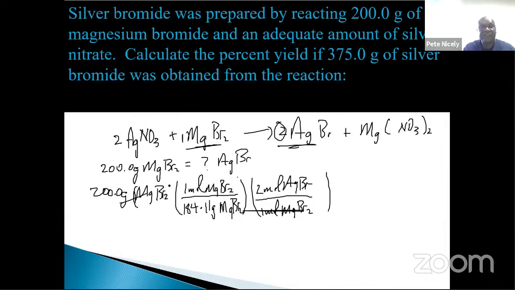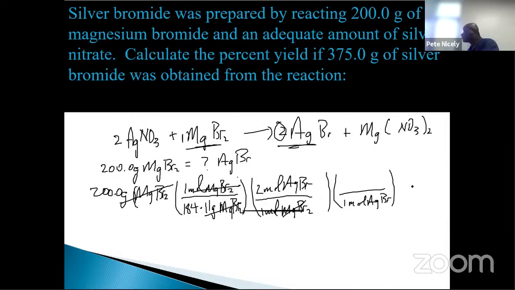So far, this will cancel out with this, leaving behind moles of silver bromide. And then the last step in this process is to convert the moles of silver bromide to grams. So we have to multiply by the molar mass.